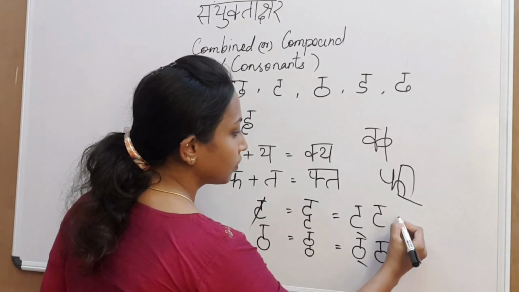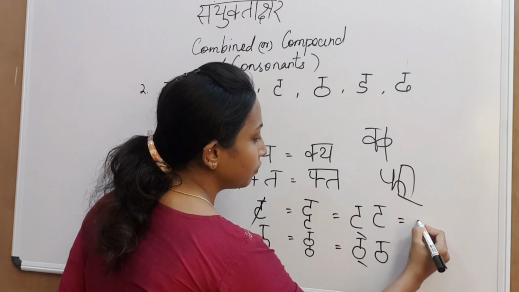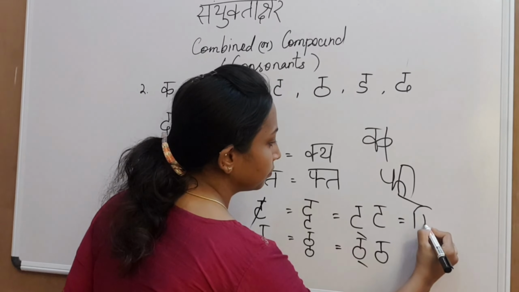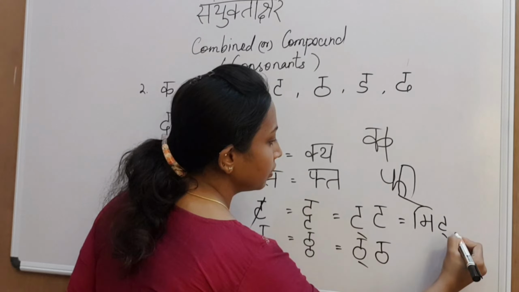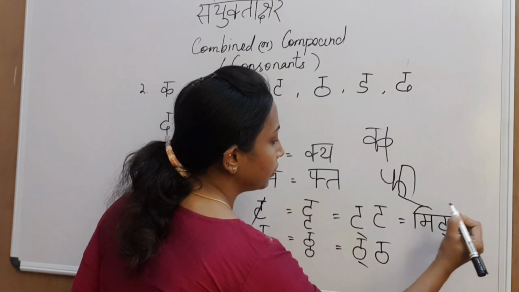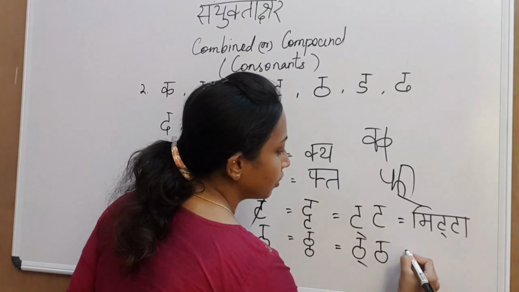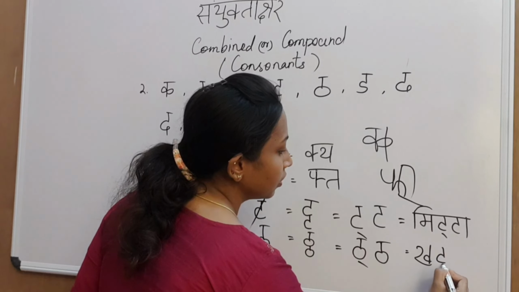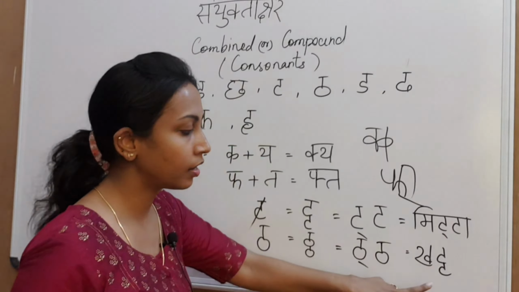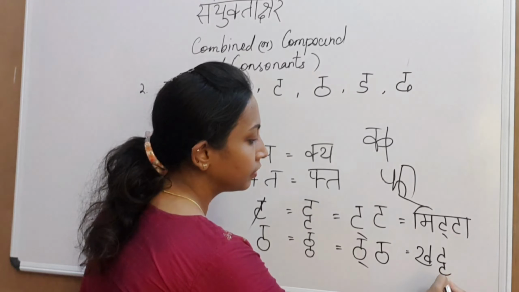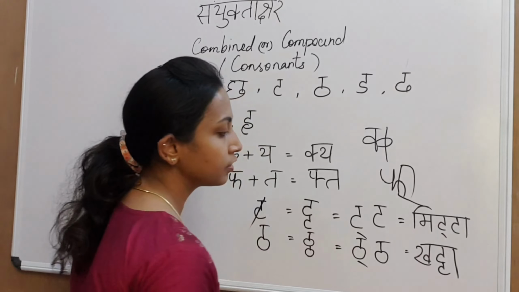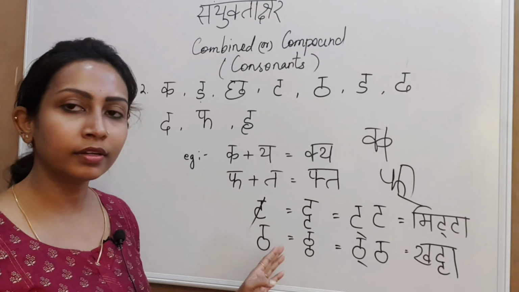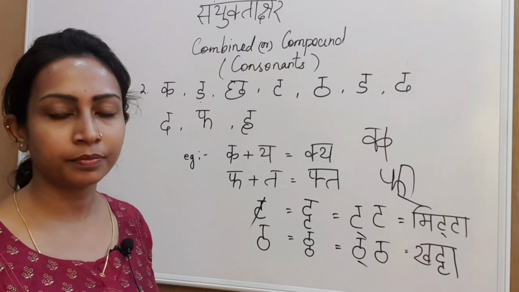For example, you can write mitta, or you can write khatta, one below the other letter. So this is another way of writing these letters.